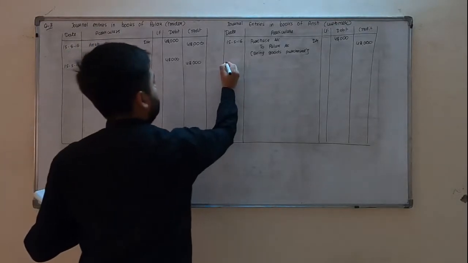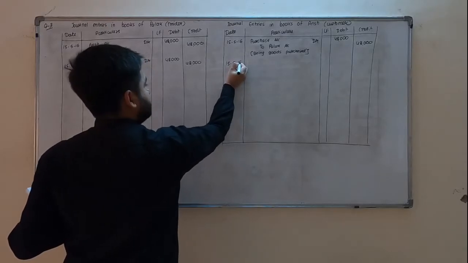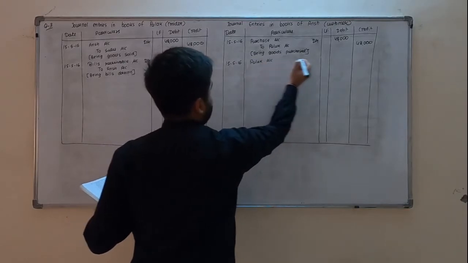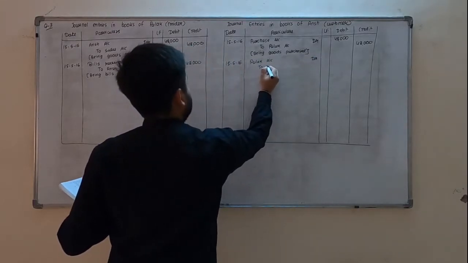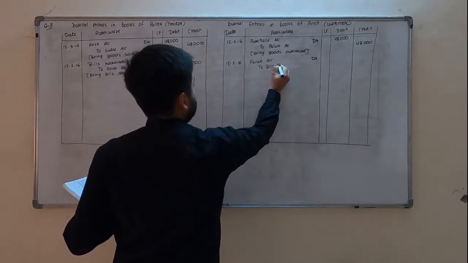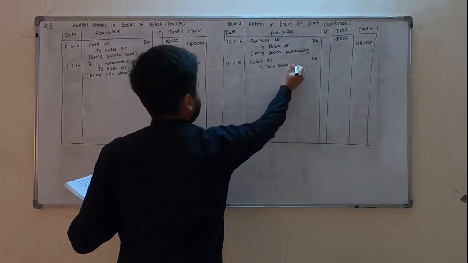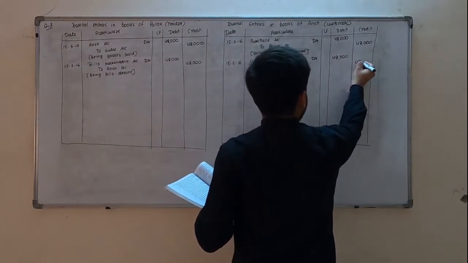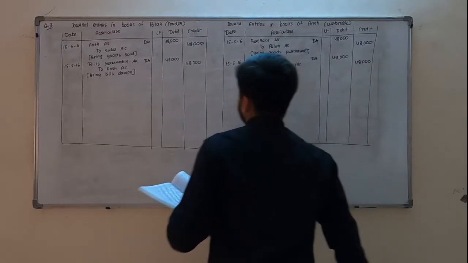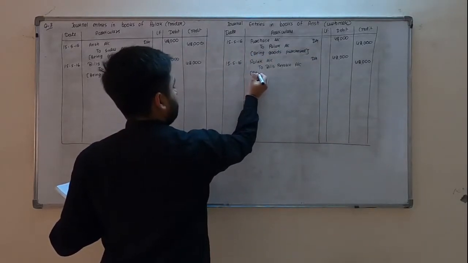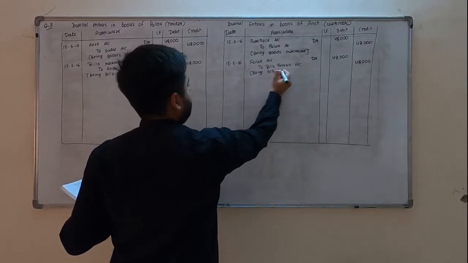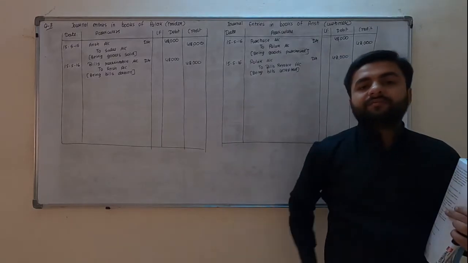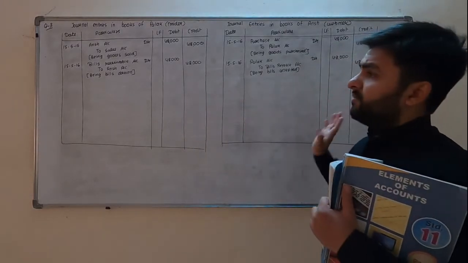Here we will accept the bill on 15/5/16. Palak is the receiver, so Palak account debit to bills payable account, amount same, 48,000, being bills accepted.